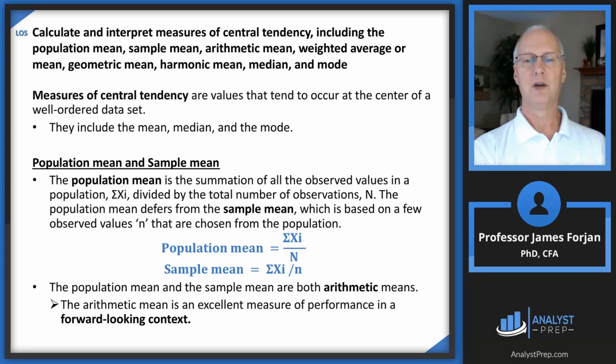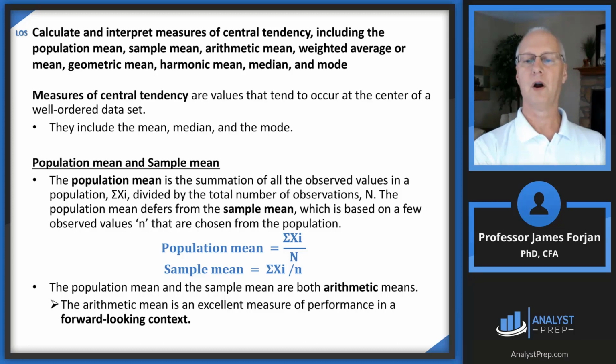Now notice in the formula that we divide by an uppercase N with the population. That's to signal that it's the population, and we divide by a lowercase n in the sample. That's to indicate that it's the sample mean. Big N and little n means population and sample.